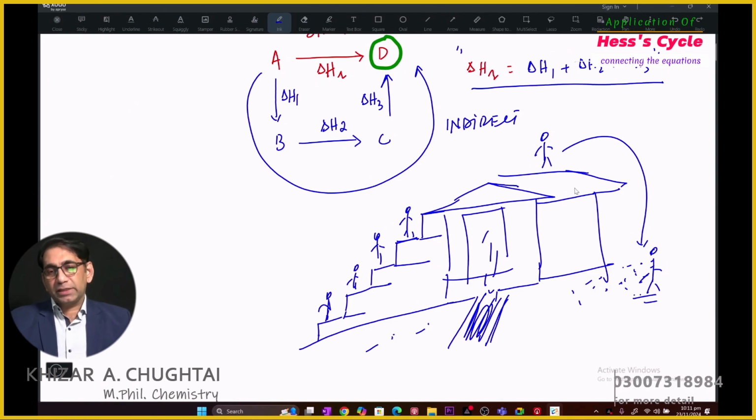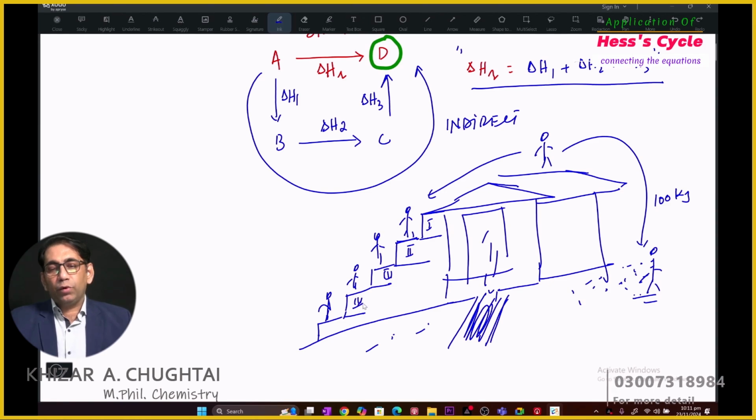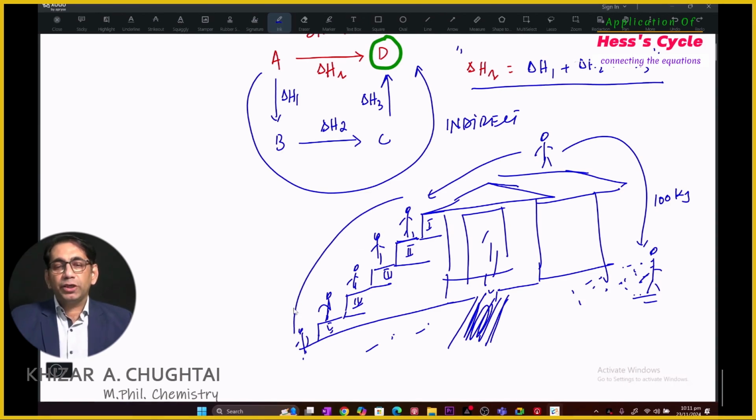In both cases, if the boy jumps directly to the ground, let's suppose the enthalpy change is equal to 100 kilojoules. And if he follows step 1, step 2, step 3, step 4, step 5, and finally is on the ground at the same level, the enthalpy change will also be equal to 100 kilojoules.